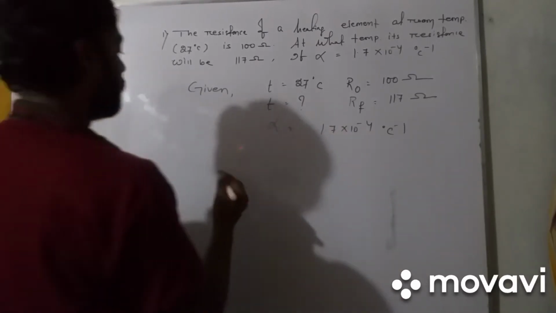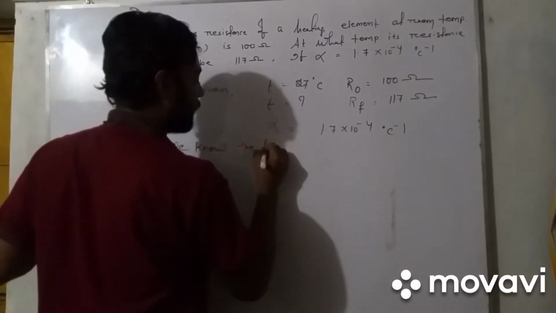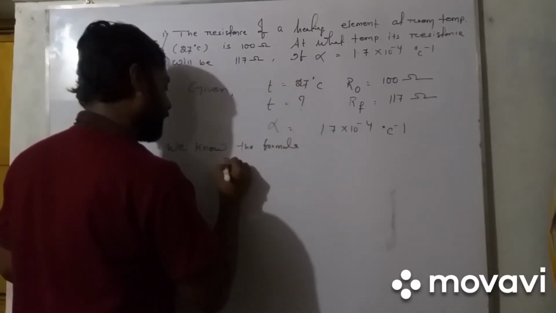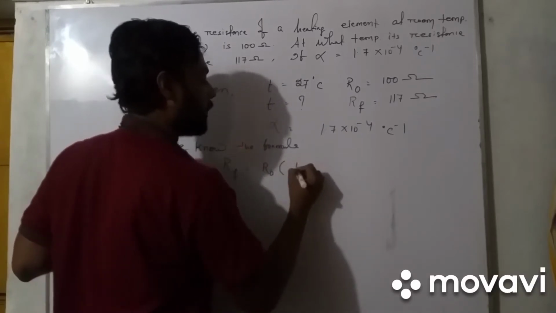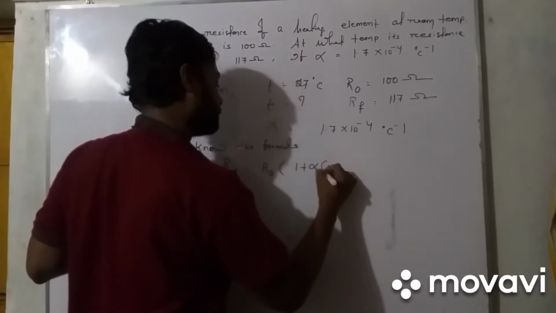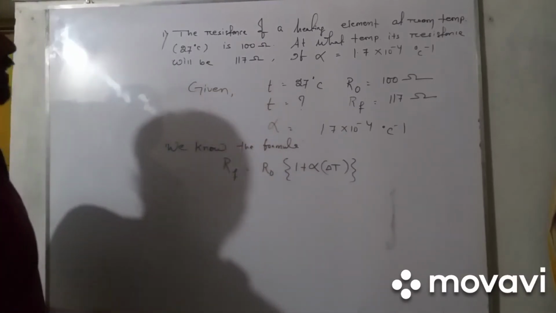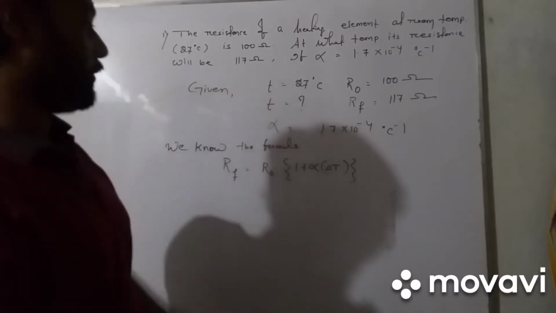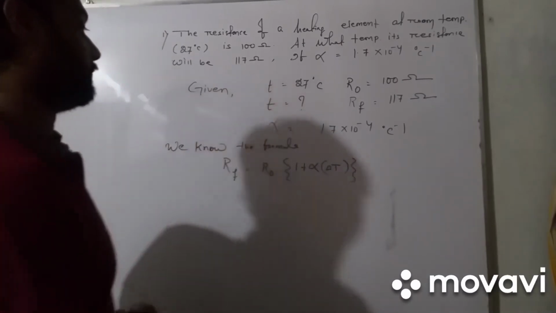We know the formula, that is R final equal to initial resistance into 1 plus temperature coefficient alpha into change in temperature. So this is the formula of the final resistance. When we put in all these values, then we can find the value of temperature.